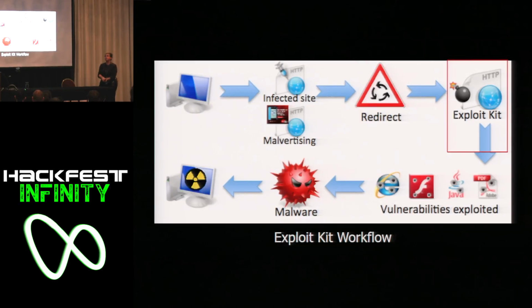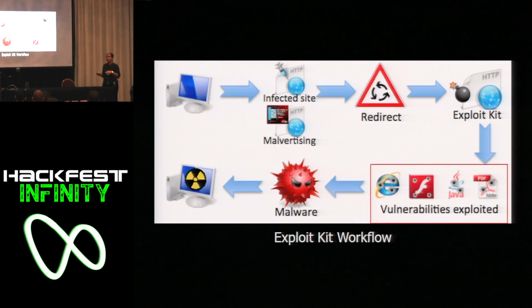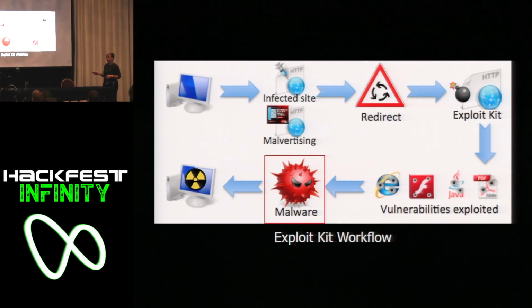Then of course, there's the exploit kits themselves, which we'll get into some of the actual names of them and their differentiating characteristics. But these exploit kits are going to be targeting some common vulnerabilities that are known in the industry, and then for purposes of delivering the malware. Now, the payload of the malware is generally done in two stages.